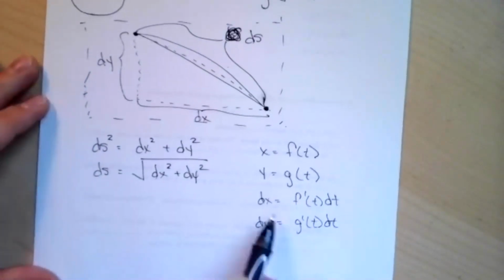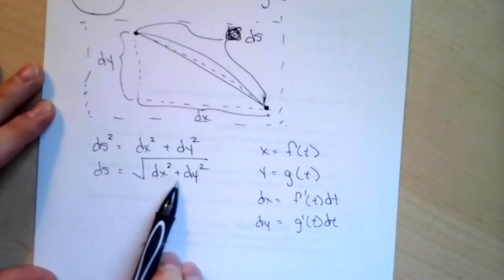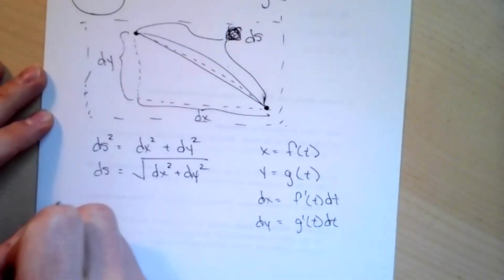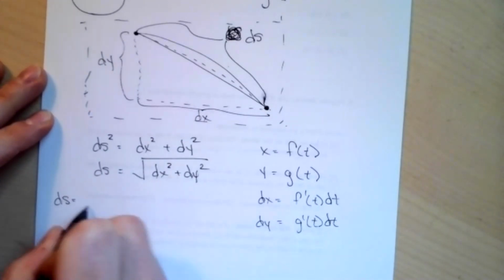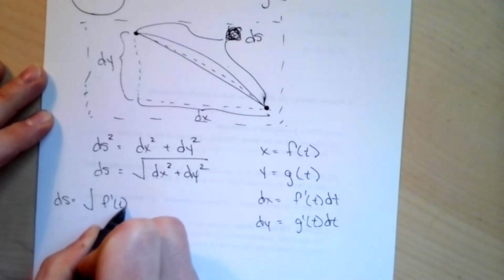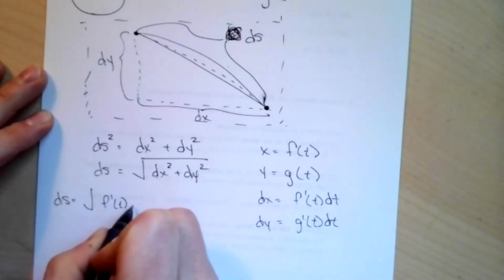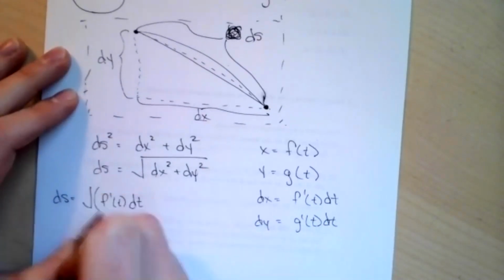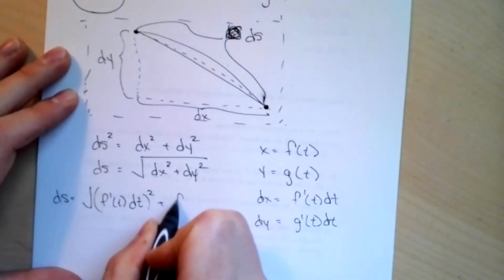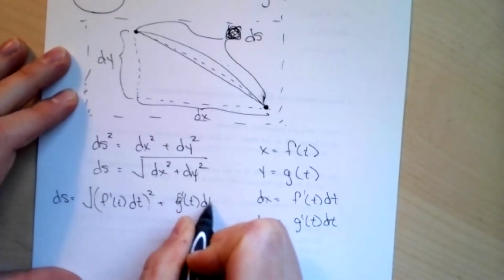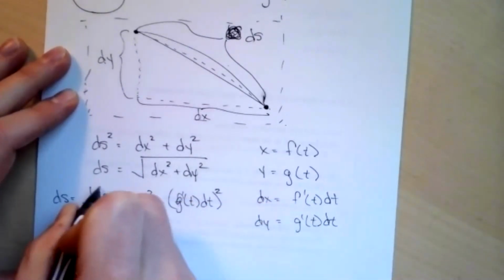And now we can substitute our differentials into the equation relating them. So our arc length is just going to be f prime of t dt. We would, of course, square it, and then g prime of t, square that one.